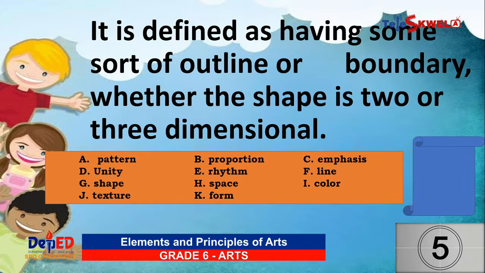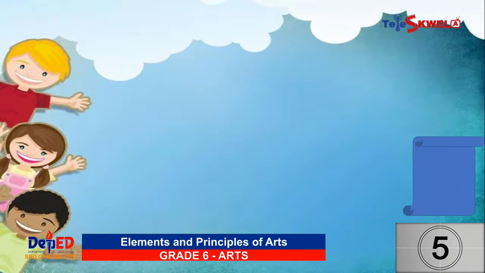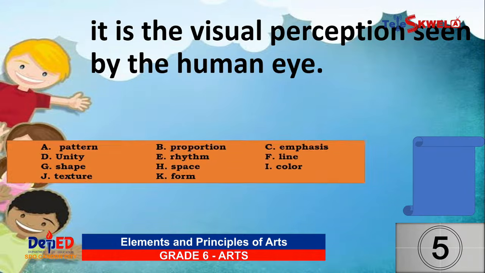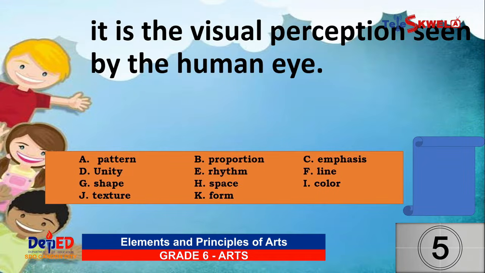Timer starts now. The answer is letter G, shape. Next, it is the visual perception seen by the human eye. And timer starts now. And the answer is letter I.